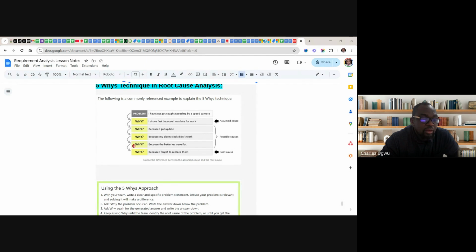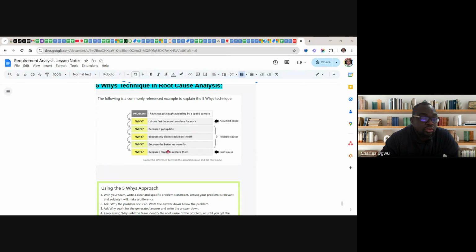Why didn't the alarm clock work? Because the batteries were flat. Why? Because I forgot to replace them. So you see, this little problem is why you are now in this situation, just because you couldn't replace them. But this is the root cause. These are all the causal factors.